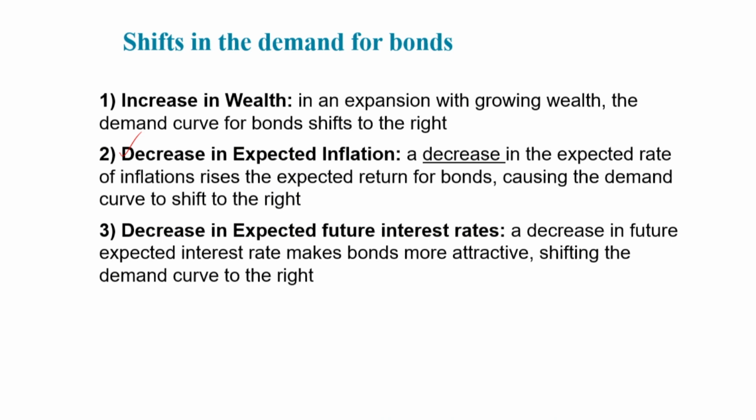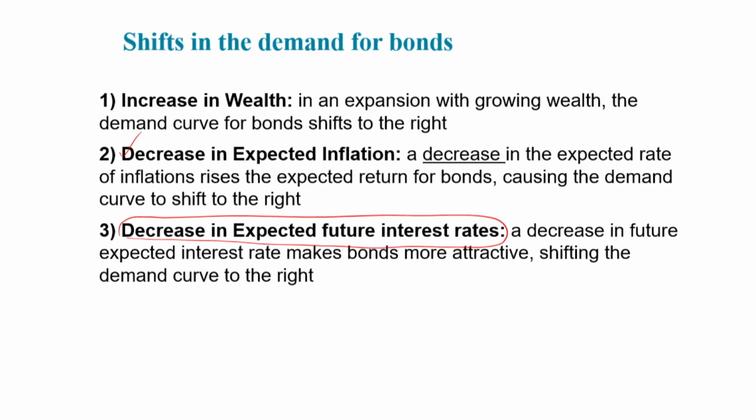What does it mean when I say there is a decrease in the expected future interest rate? It means the expected future price of the bond is going to increase. That means you think that after 5 years, the rate of interest on the bond you are going to buy today is going to decline considerably.